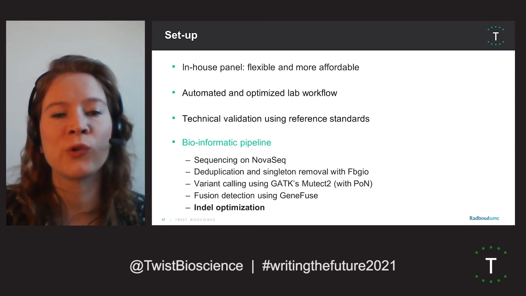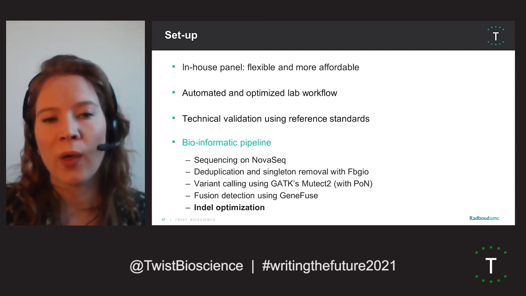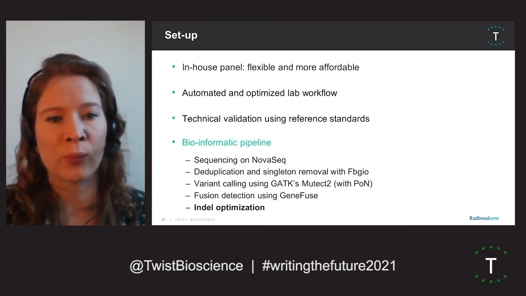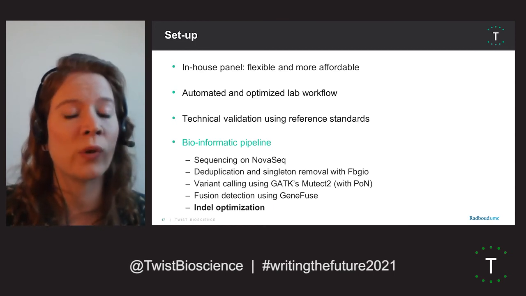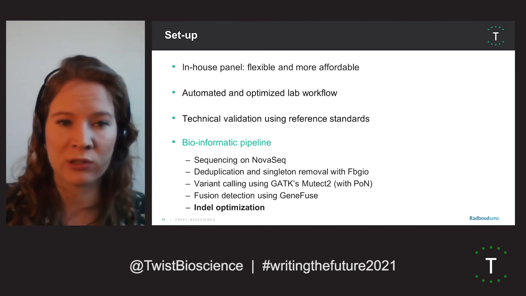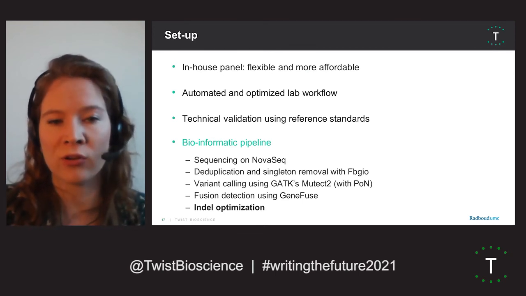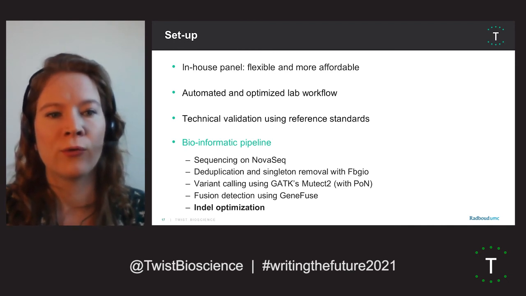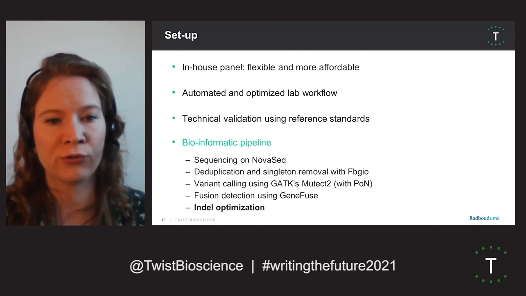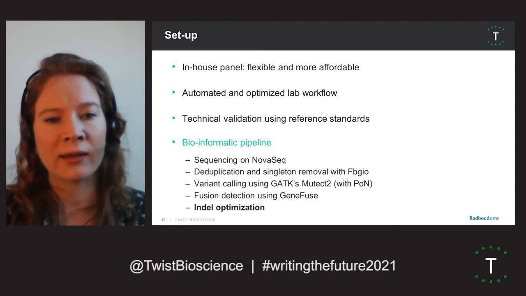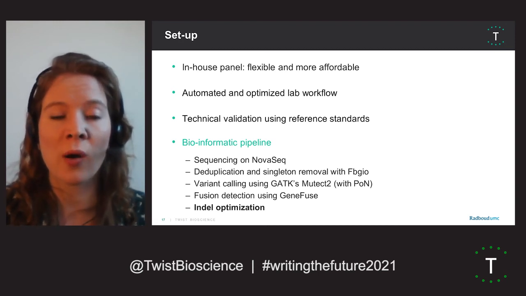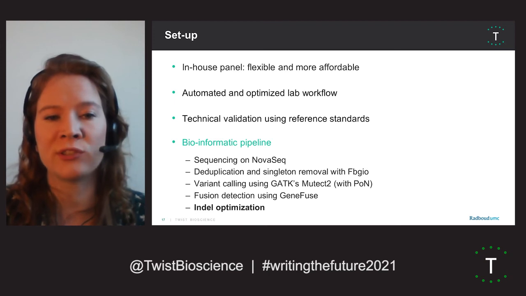And in our case, we used a panel of normals, meaning that we sequenced at least a number of healthy controls with the same panel and the same material type to be able to remove background errors. Fusion detection was done using GeneFuse, and indels were optimized using an in-house developed tool.